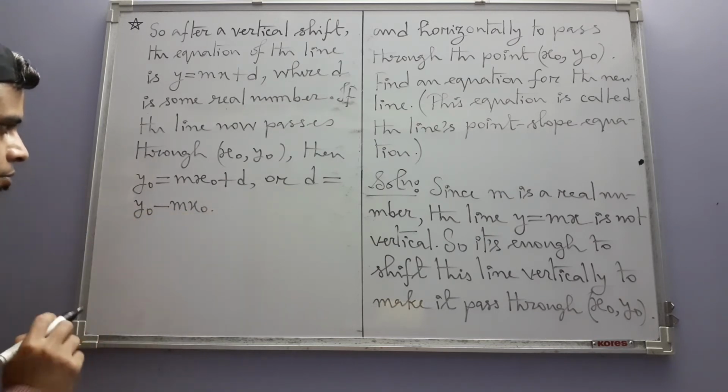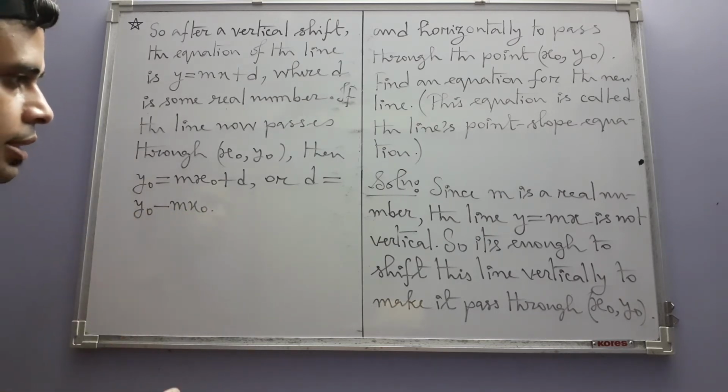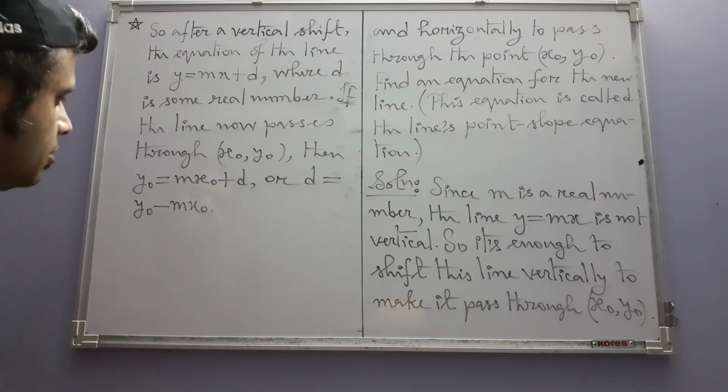So you now know what d needs to be in order to make the line pass through this point.